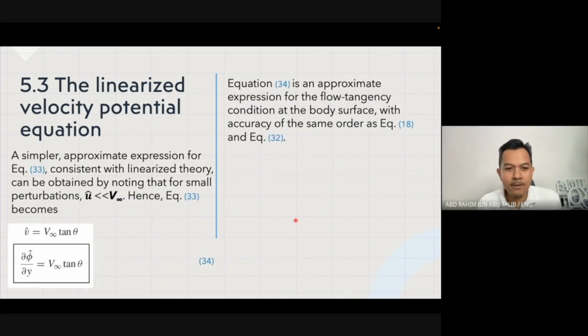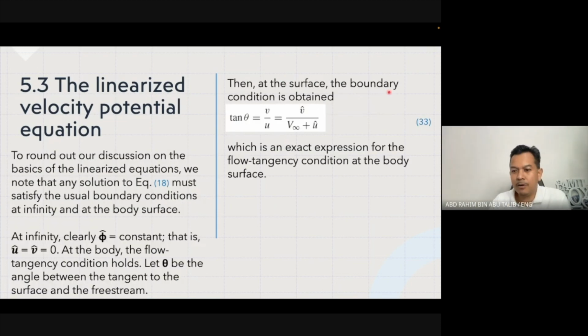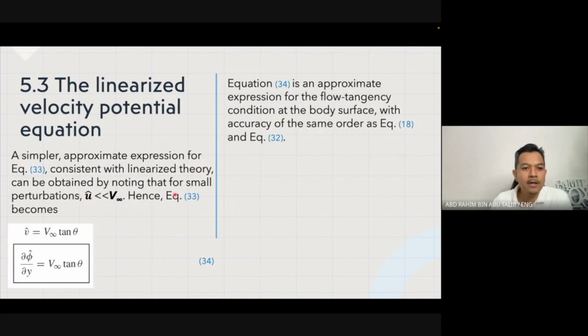A simpler approximate expression for equation 33 that is consistent with the linearized theory can be obtained by noting that for small perturbation, the perturbation velocity component u is much less than the free stream velocity.